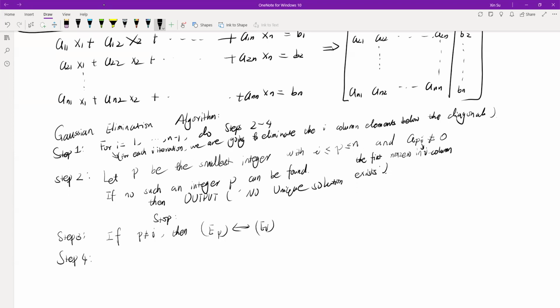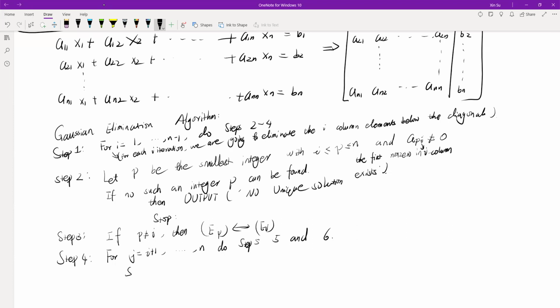For step 4, after the row is changed, we have a non-zero element here, and then we would do I plus 1 to the end, and then do steps 5 and 6.